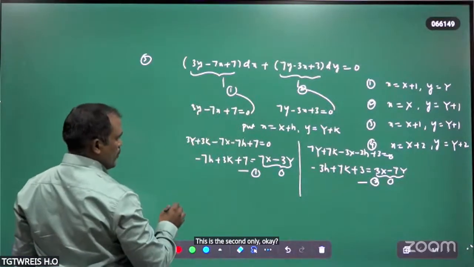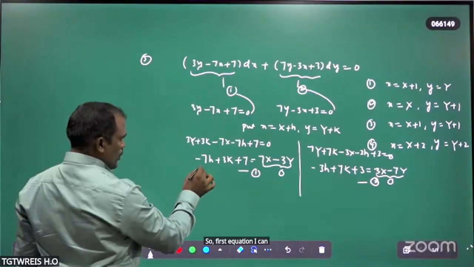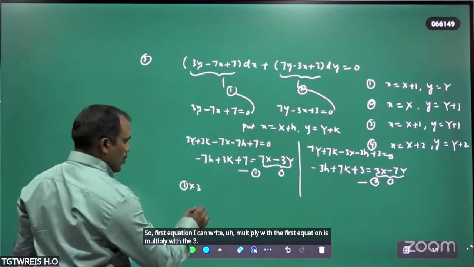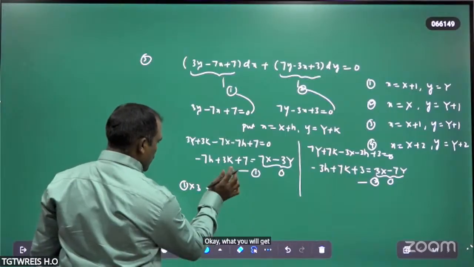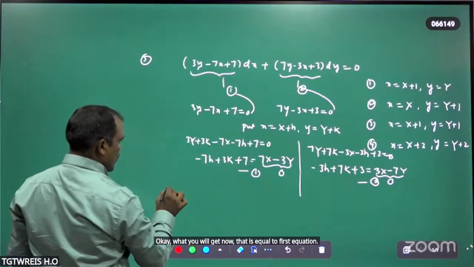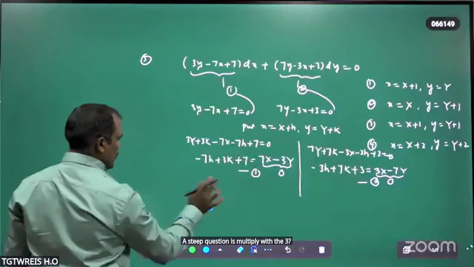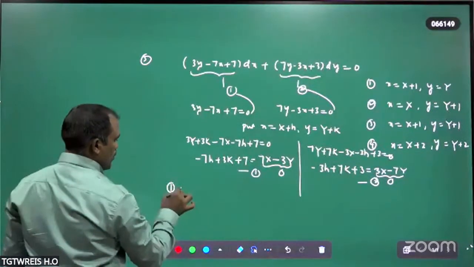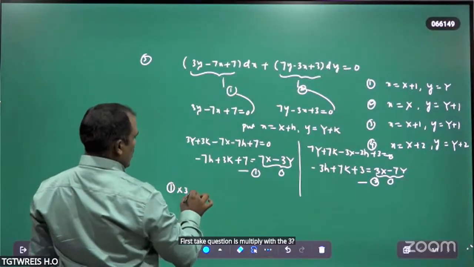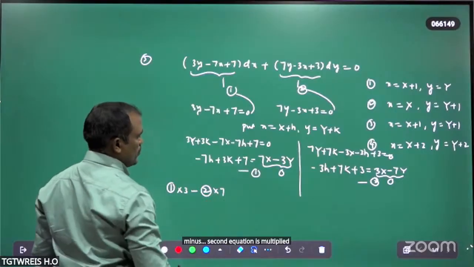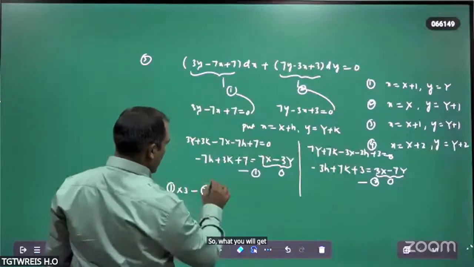So the first equation, multiply with 3. What will you get now? First equation multiplying with 3, minus second equation multiplying with 7. So what will you get here?